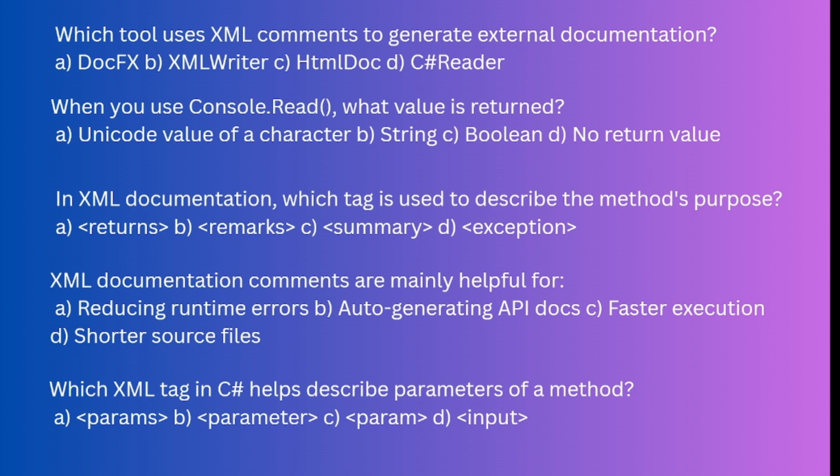So the answer is auto generated API docs. Which XML tag in C# helps to describe the parameters of the method? Option A params, option B parameter, C param input. The answer is param.